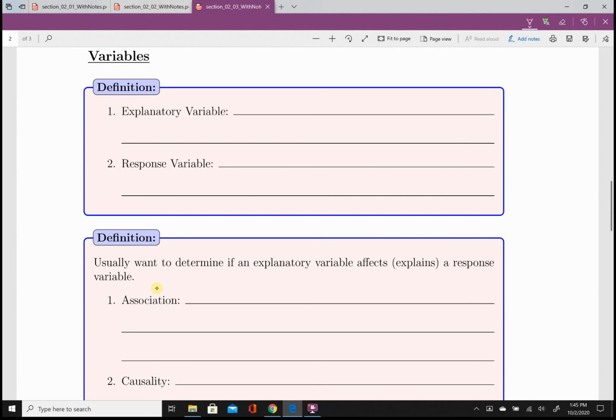So explanatory variable is like x. It's an independent variable. Okay, and then the response variable is like y in the graphical sense. It's the dependent variable.